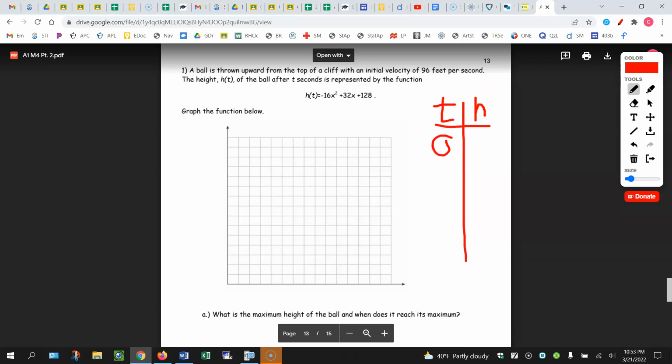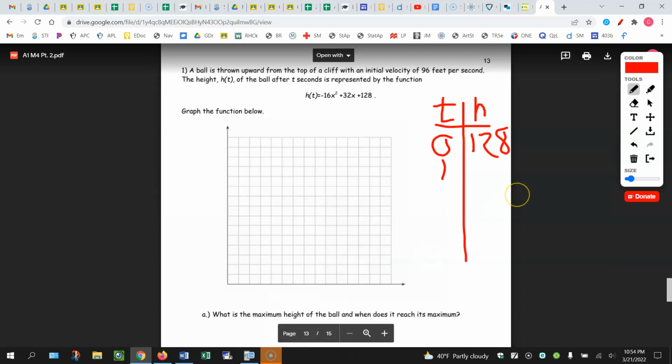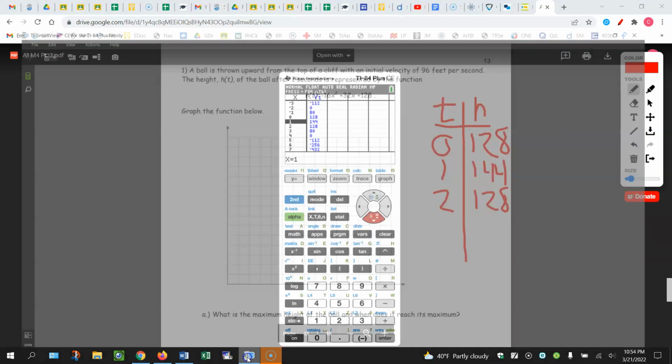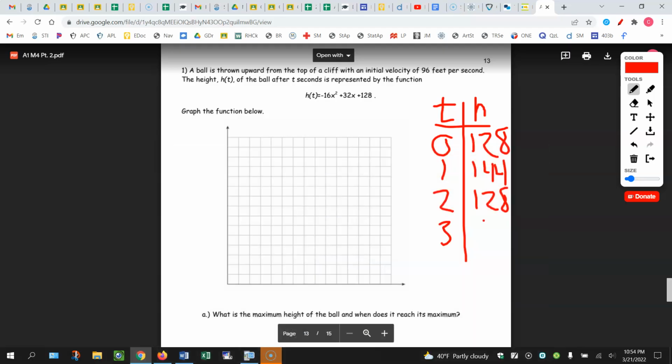So at a time of 0, this is the y-intercept, the height was 128. I go back to my calculator. At a time of 1, the height was 144. Time of 2, we're back to 128. At a time of 3 seconds, we're at 80. And at a time of 4 seconds, the height was 0.